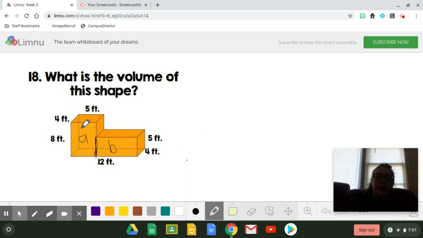First we're going to look at the volume of part A. So I know that the height of part A is 8. I know that the width of part A is 4. And the length of part A is 5.